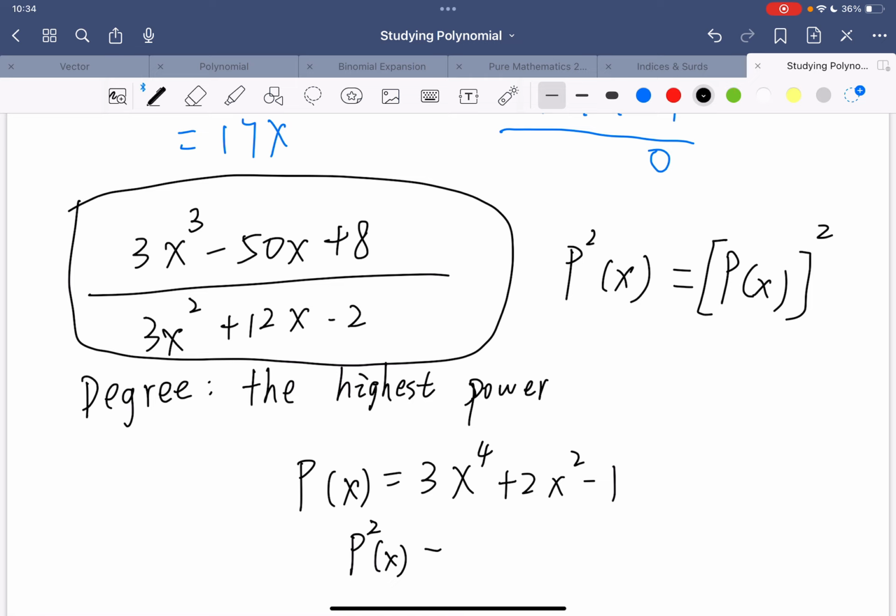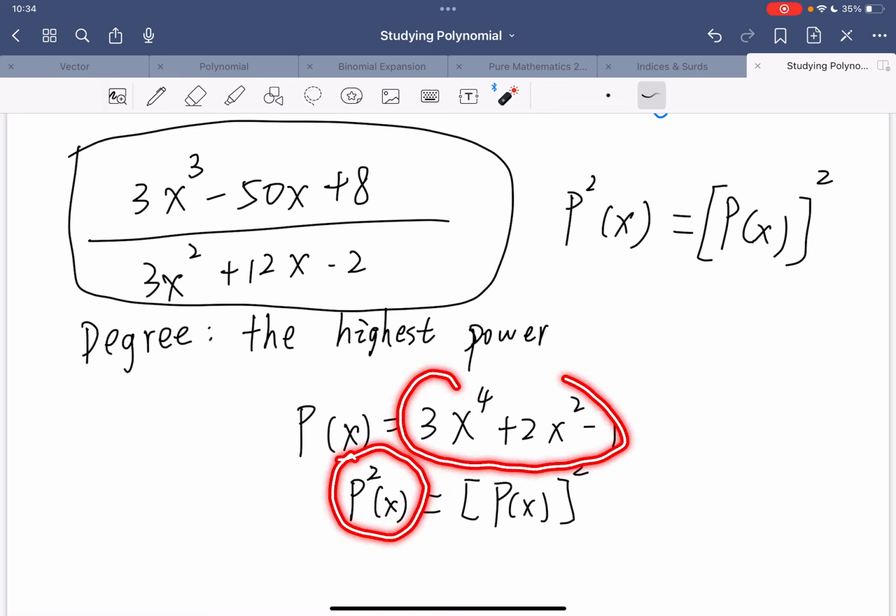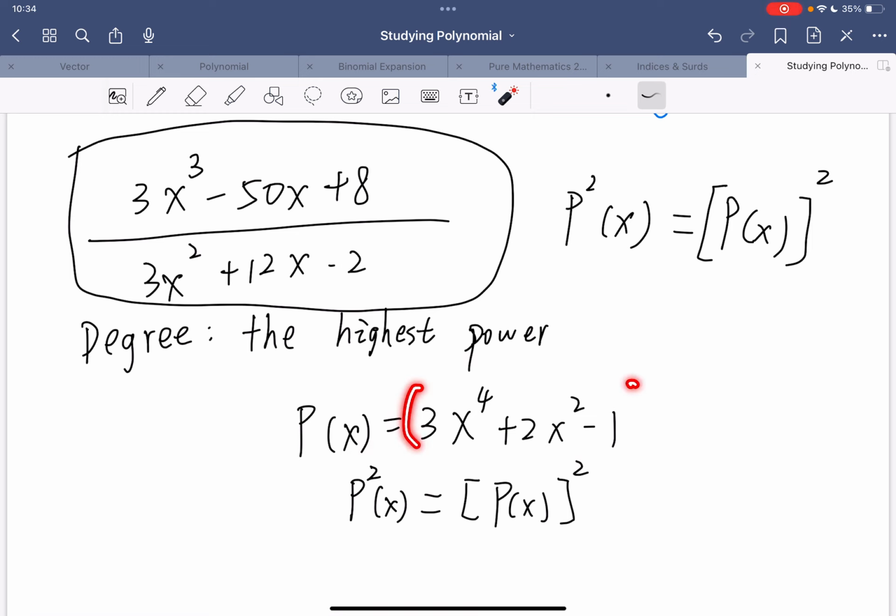So it equals this one, and we want to find the degree afterwards. After squaring the whole expression, what is the new degree? The new degree should be 8.